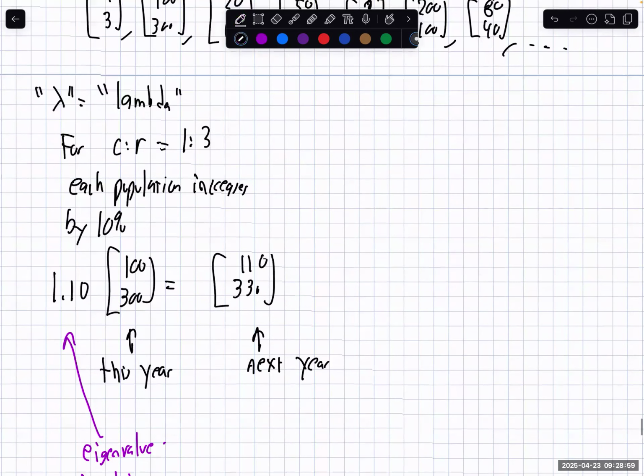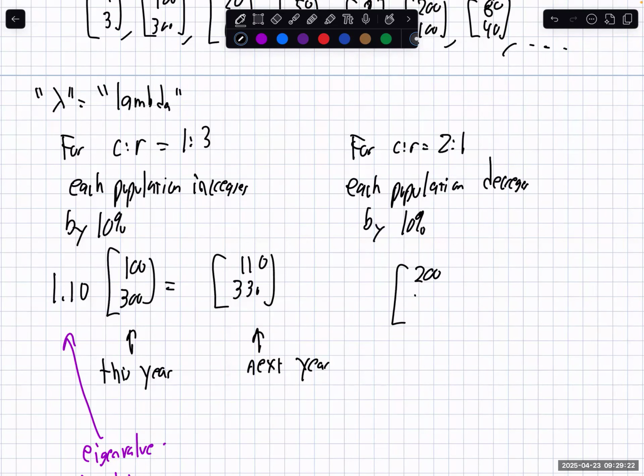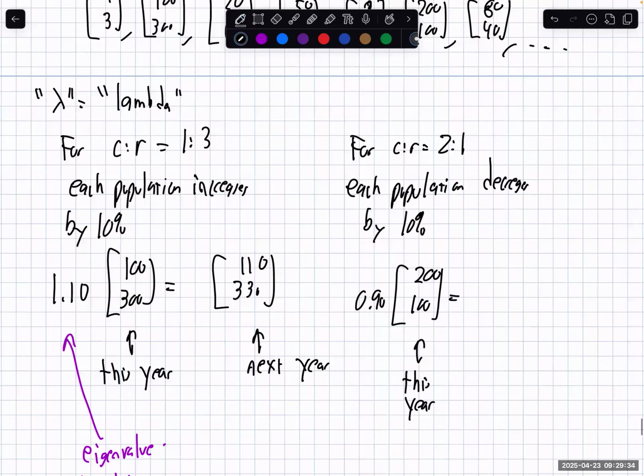Okay, and when the coyote to roadrunner population is 2:1, so if I've got 200, 100 this year, to decrease each by 10% is to take 90% of it.